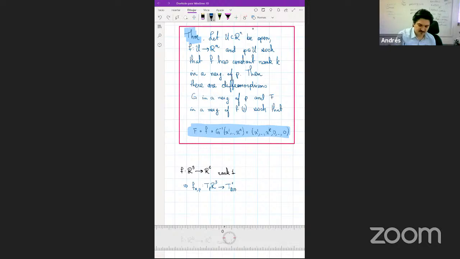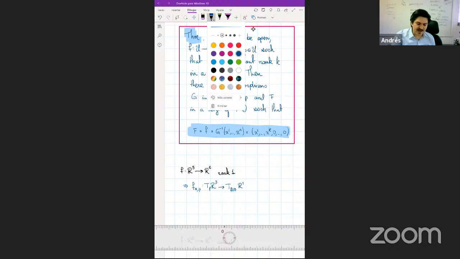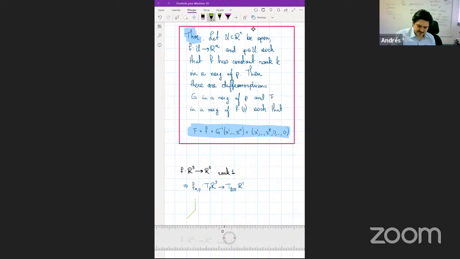Now, you can very well imagine three-dimensional space. At any point, the tangent space is three-dimensional, and you have a function into R2.